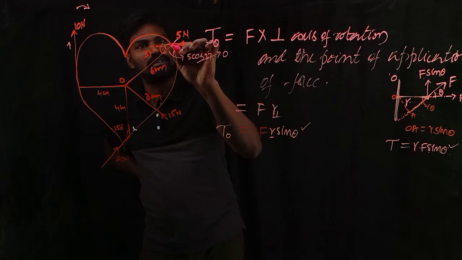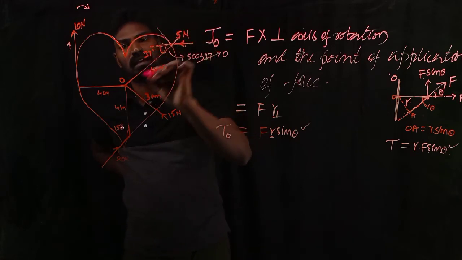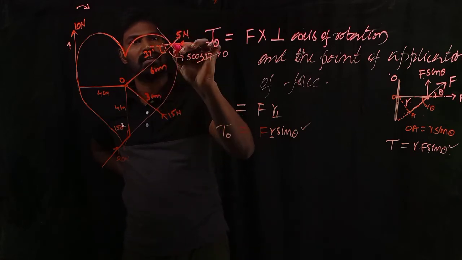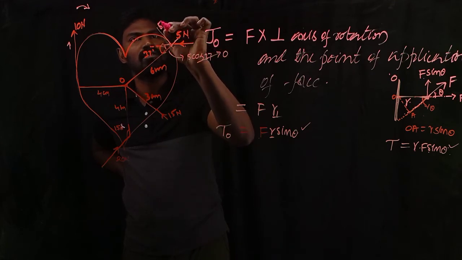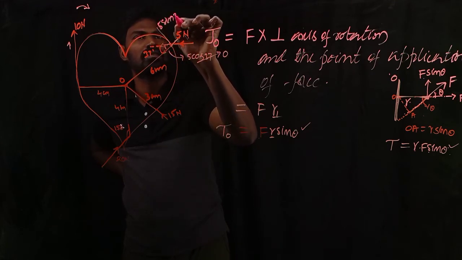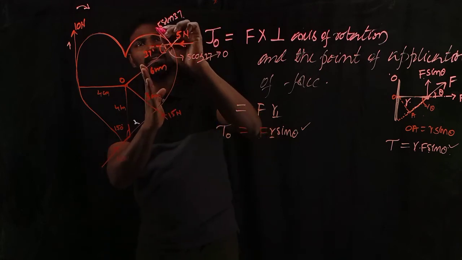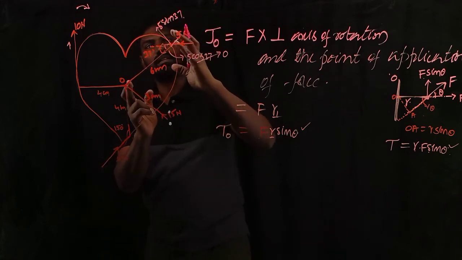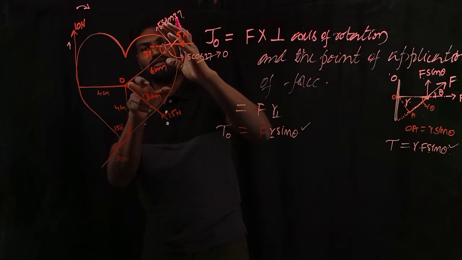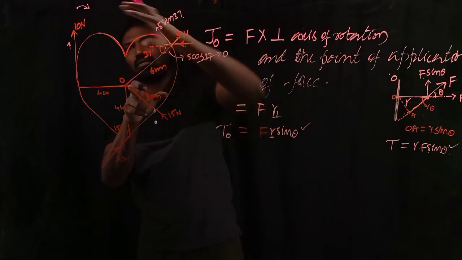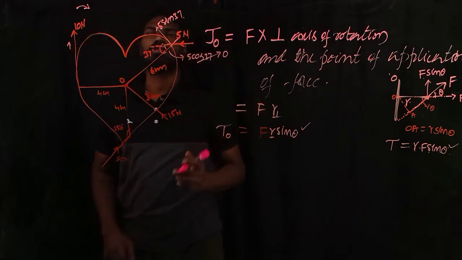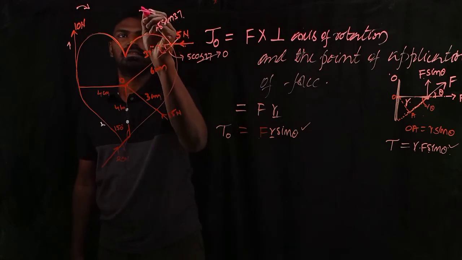And the component of this F perpendicular to this line is 5 sine 37. This component is applying force in this direction, so with respect to O, this body can rotate in counterclockwise sense.